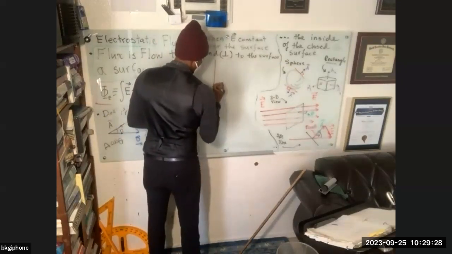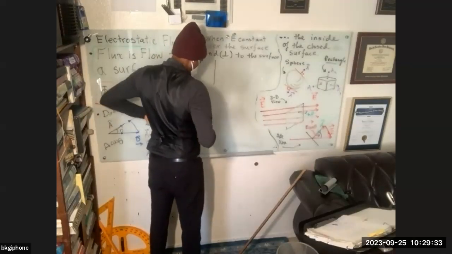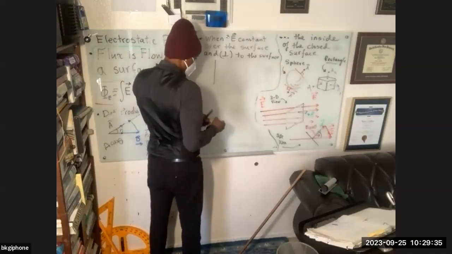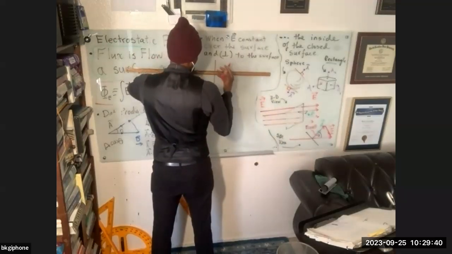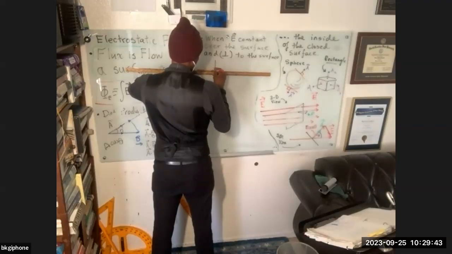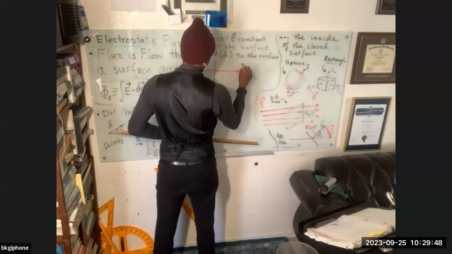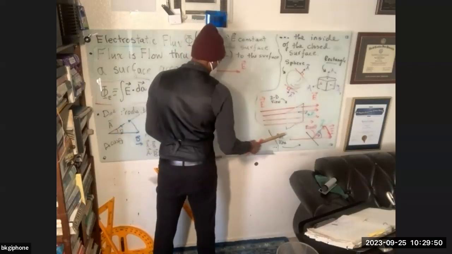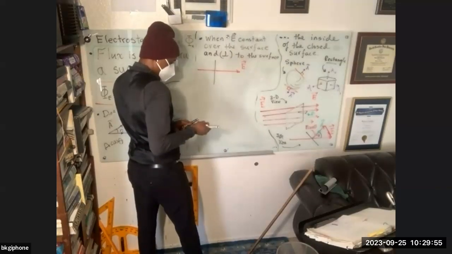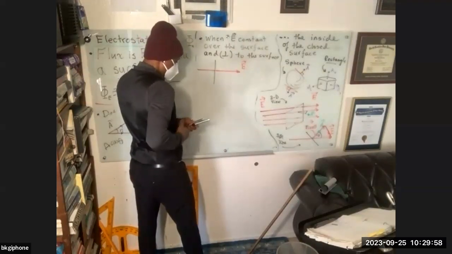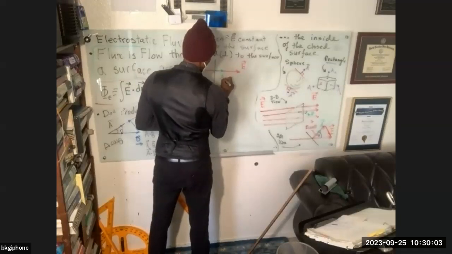This is the surface, and E would make a 90-degree angle to the surface, which means it would be parallel to A, which also makes a 90-degree angle with the surface. So that's E, and this is A.